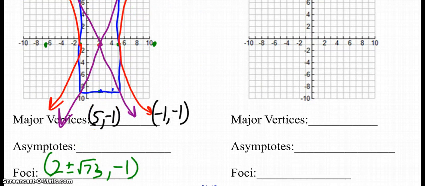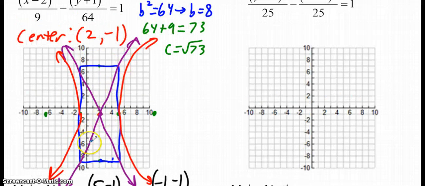Asymptotes. How do we find those? Well, we drew the equation of this line. So we know that from the center, I went up 8 over 3, so I have a slope of 8/3. From the center here, I went down 8 over 3, so that has a slope of negative 8/3. And we know that they both went through the point (2, negative 1).